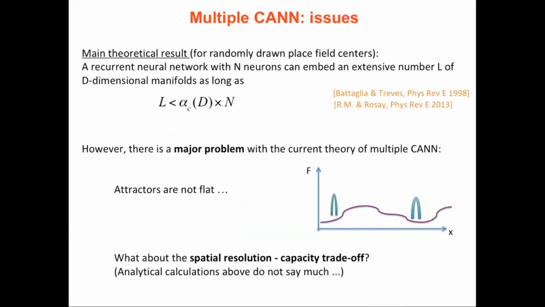So the main theoretical result coming out from this phase diagram is that a recurrent neural network with n neurons can embed an extensive number of d-dimensional manifolds, as long as L, the number of manifolds, is smaller than n, the number of neurons, times some critical threshold, which is a function of T. This result was first obtained by Battaglia and Treves in a continuous neuron setting in '98, and we re-derived it for 0-1 neurons more recently.